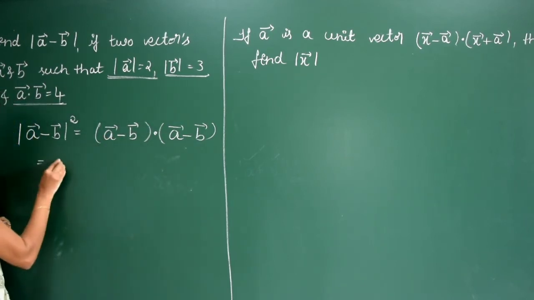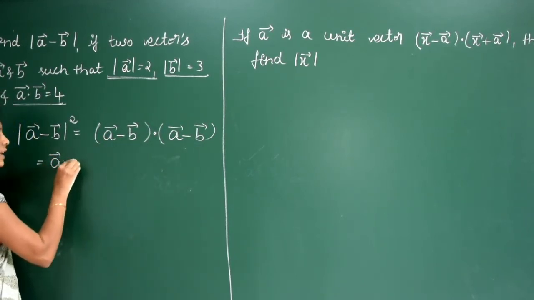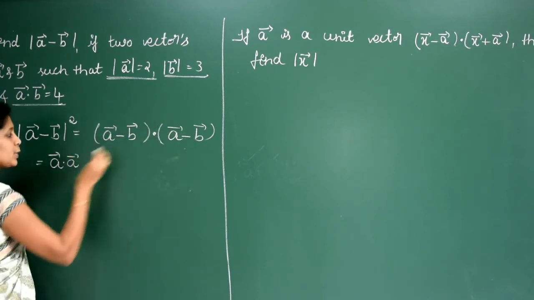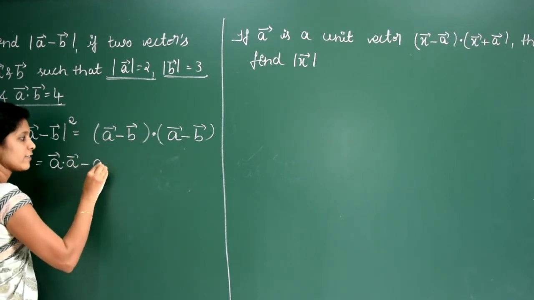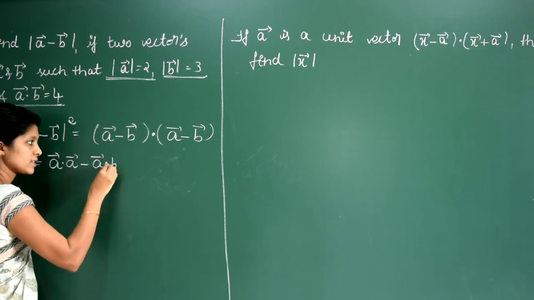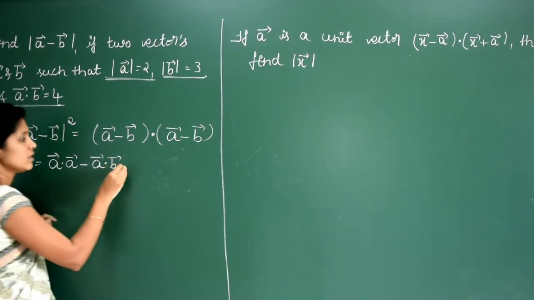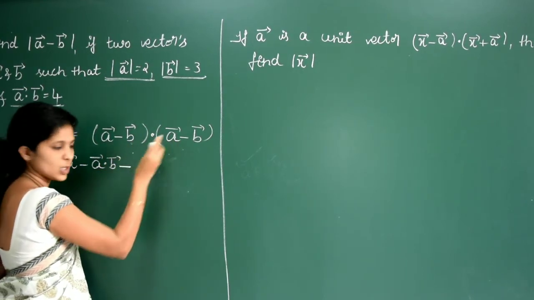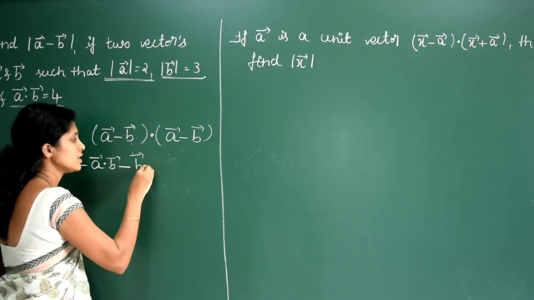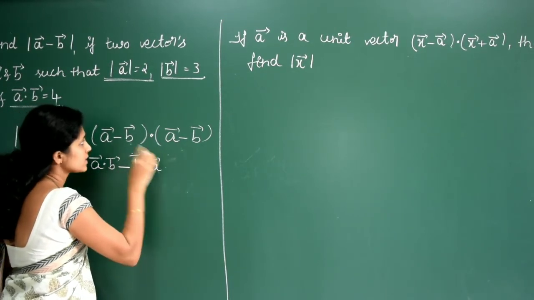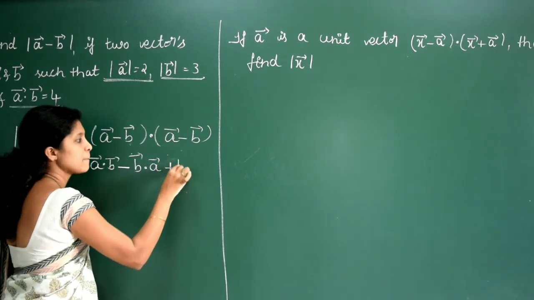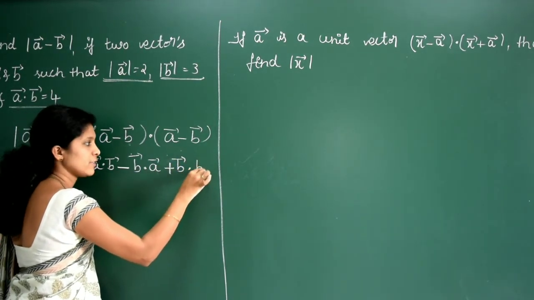This is equal to A vector dot A vector, then A vector dot B vector, so it will be minus A vector dot B vector. See, your dots are very important. Minus B vector dot A vector. This is minus into minus, which will be plus B vector dot B vector.